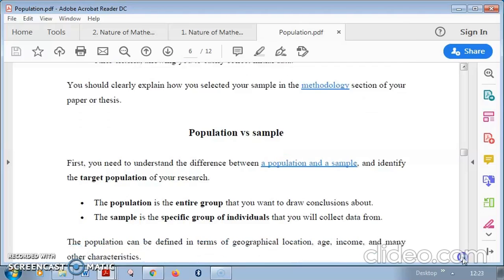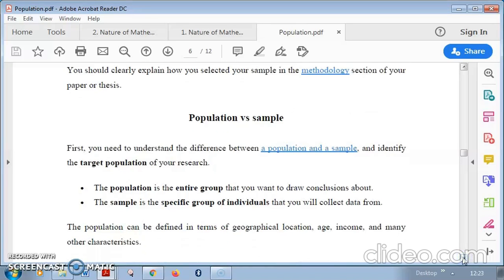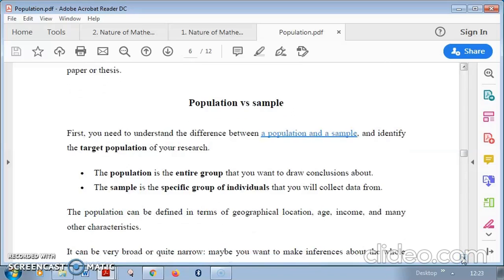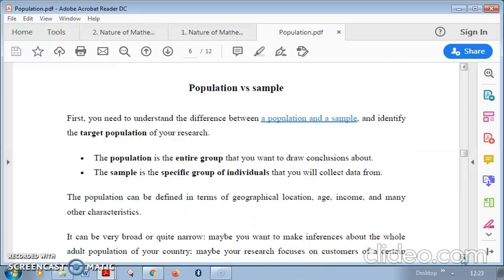That is a very important part, because people will check whether the sample fits the problem and whether you have used a correct method. The conclusion you make also depends upon the sample you have selected. Therefore, whenever you write the report, how the sample is selected has to be written elaborately.